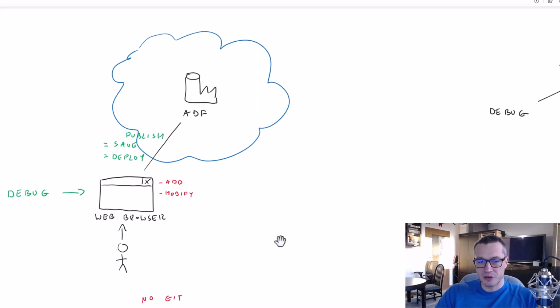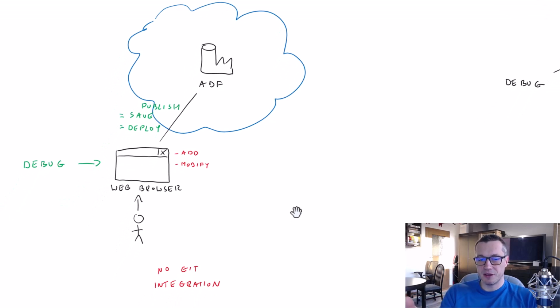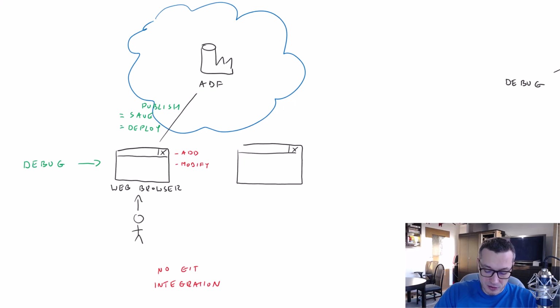Also, as you can imagine, collaboration between various developers is quite limited and difficult, simply because every developer, when connecting to the browser, sees their own version of the pipelines of the data factory. So the changes that were made by one person, but that were not yet published, are not seen by the other developers.